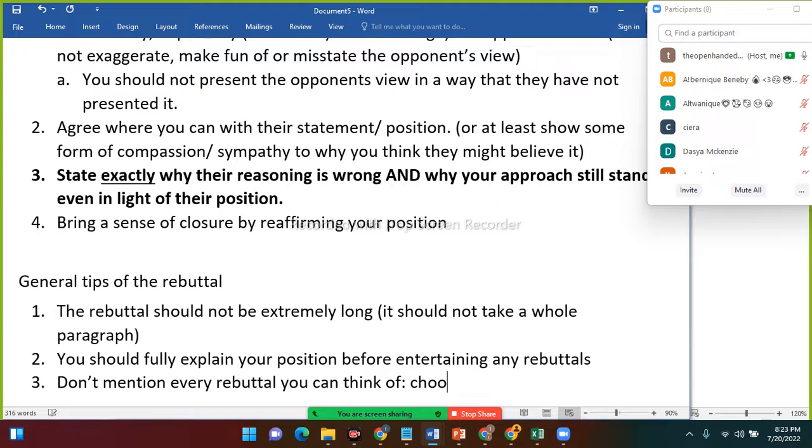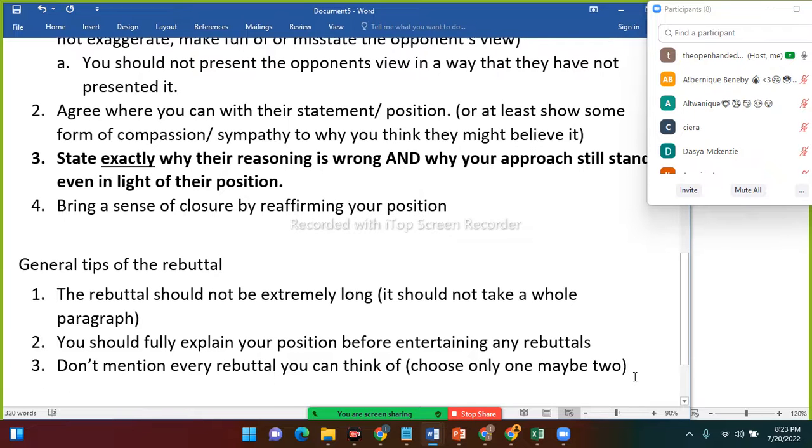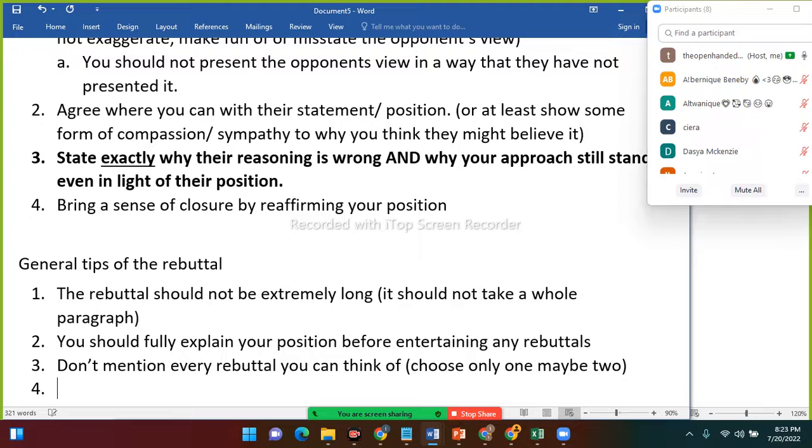Choose only one or two, because you can't make it too long. Choose rebuttals that you could actually defend.